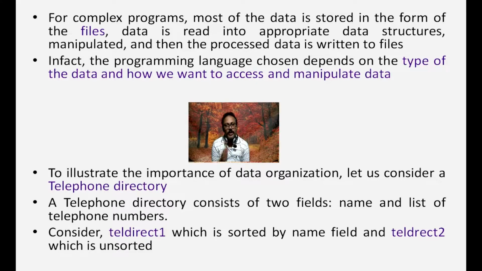If the data is not sorted by name field, that is in the case of tell direct two, then it is very, very difficult. If the data is sorted, then finding the phone number of a particular person is very easy.